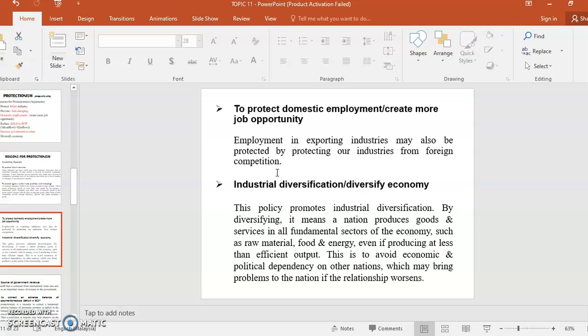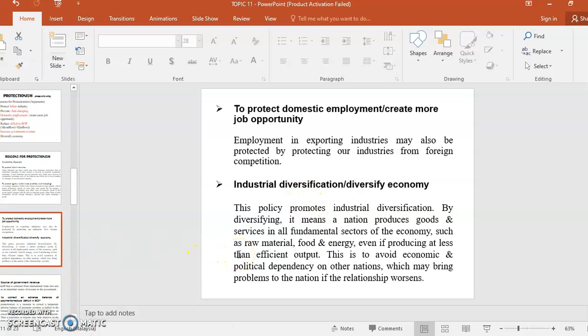And then bila SME ni berjaya membangun, dia berkembang, dia akan hire more workers. So kat situ boleh reduce the number of unemployment among citizens lah.